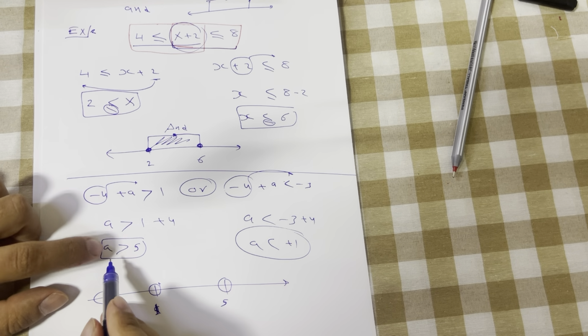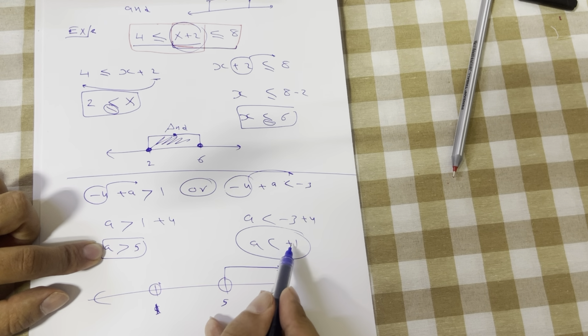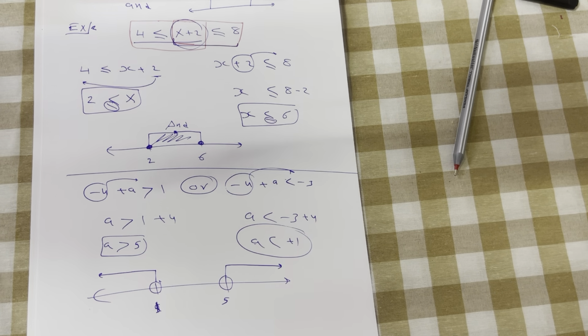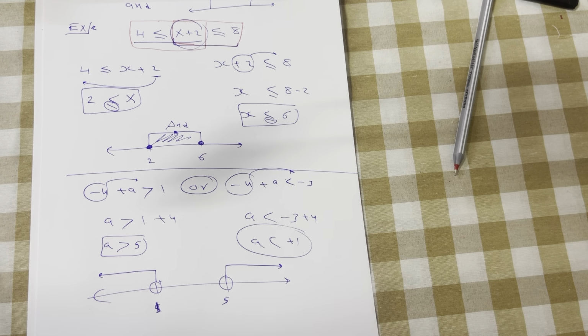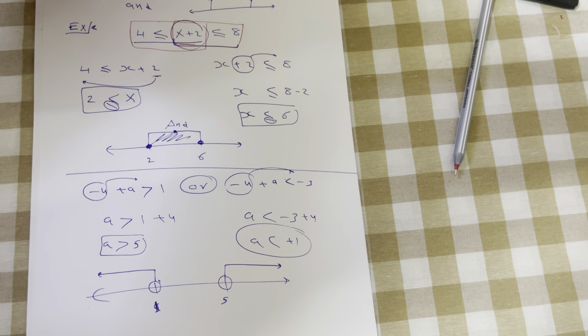So a greater than 5, and a less than 1. I know the type of the line is like that because when we have "or", my answer is like that. Every time this is right, and this is very easy.